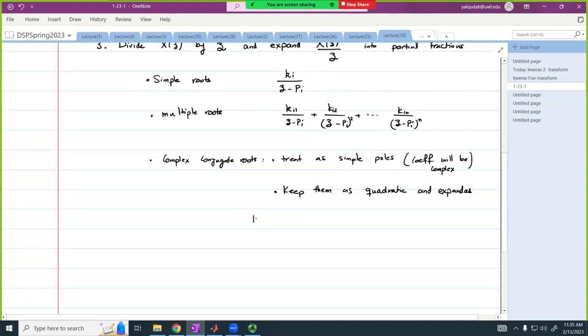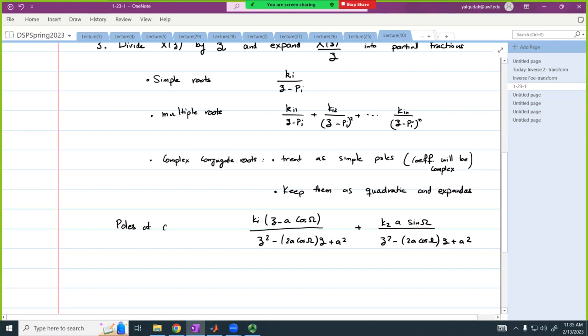So we can expand them as K1 multiplied by z minus a cosine omega divided by z squared minus 2a cosine omega multiplied by z plus a squared, plus K2 multiplied by a sine omega divided by z squared minus 2a cosine omega multiplied by z plus a squared. And in this case, we have poles at a e to the plus or minus j omega.